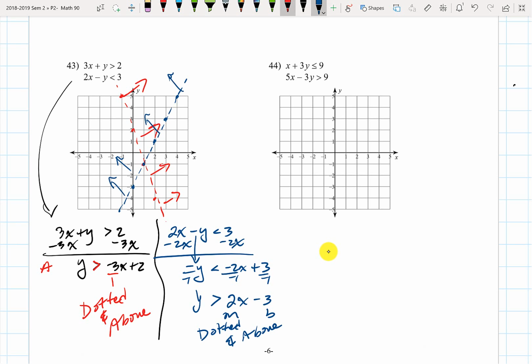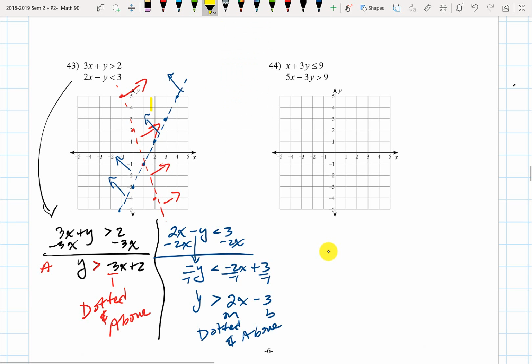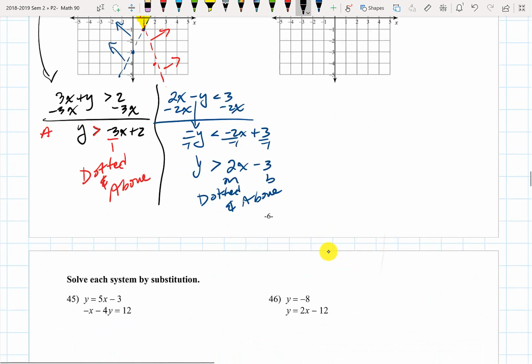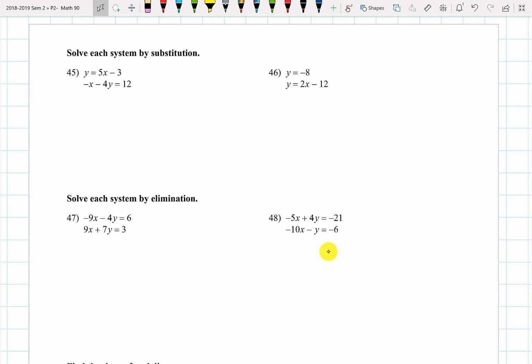And it's where these two overlap. Okay, and they clearly overlap in this region right here, in between the lines. Okay, where does the red overlap the blue? Okay, it overlaps in here. So this is the solution region. All right, and you can do number 44 and check it with your solutions in the back.